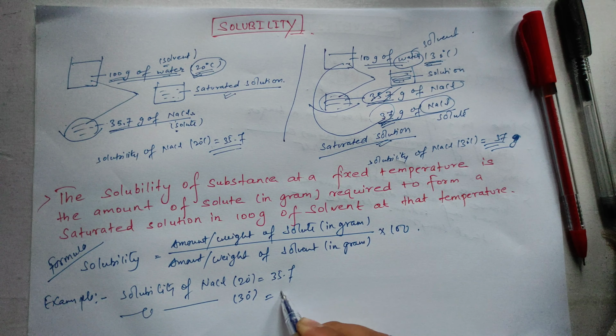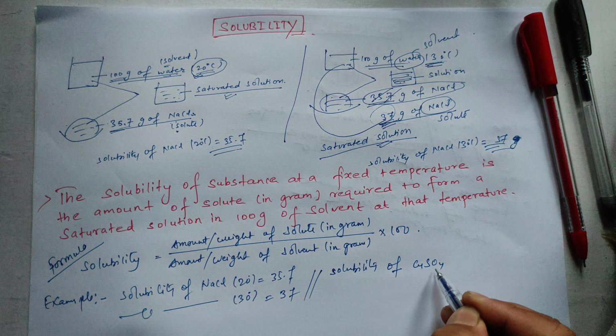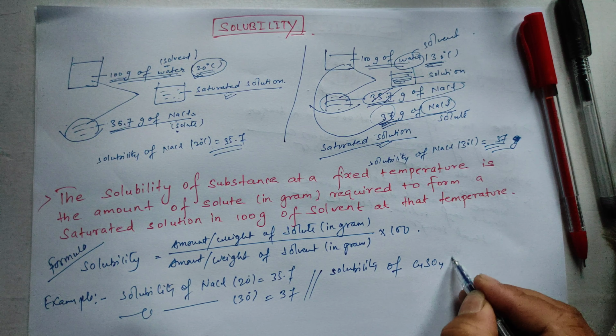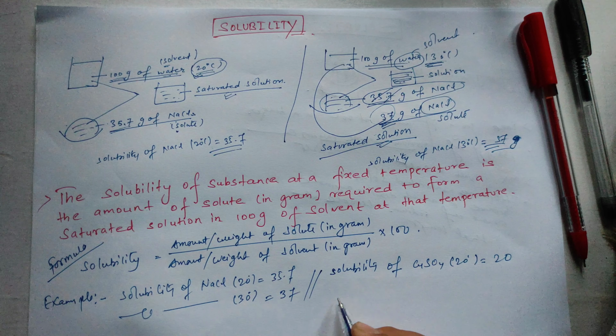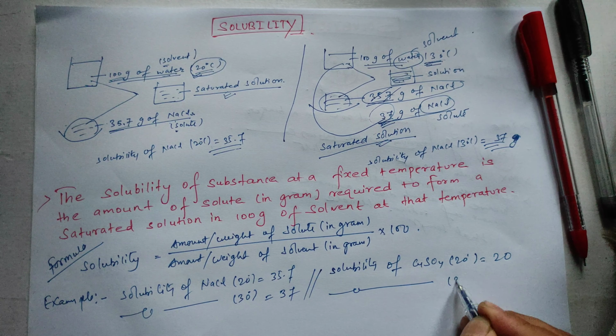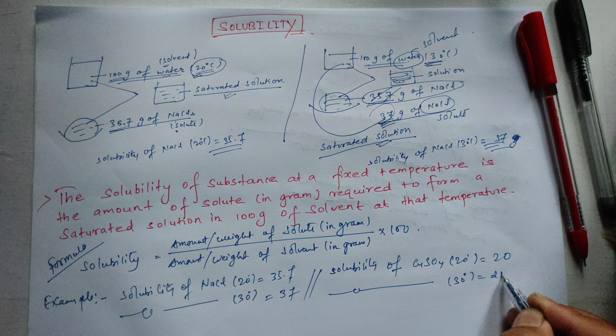Alright, let's take another example. Solubility of copper sulfate. It is also a solute. At 20 degrees Celsius it is 20. But solubility of copper sulfate at 30 degrees Celsius is equal to 24.